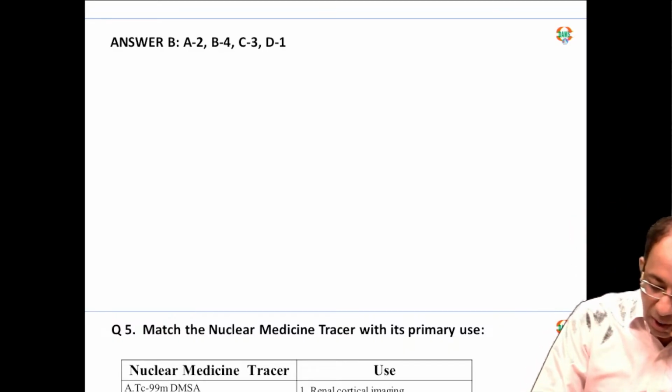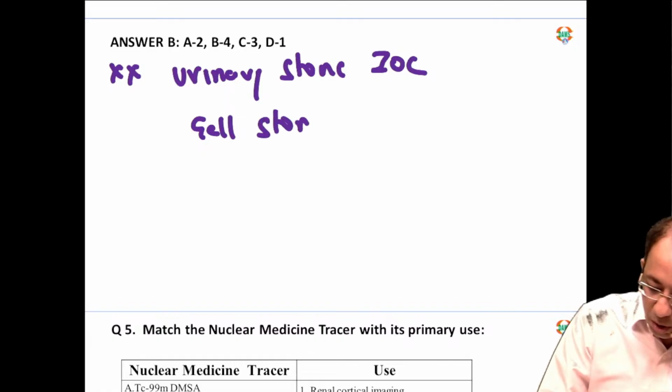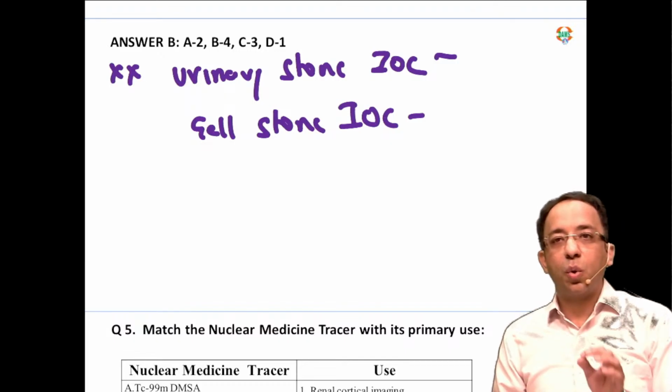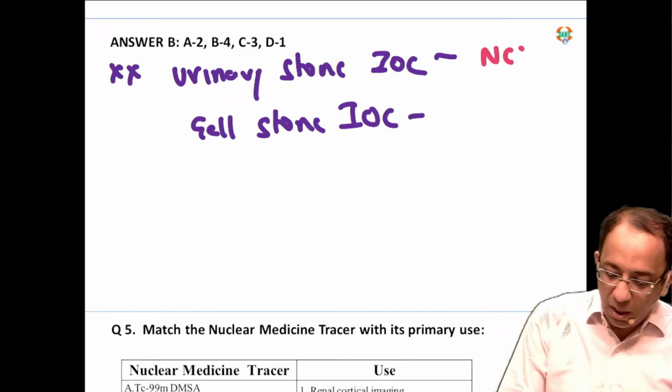Last INICET paper, remember, urinary stone, investigation of choice. Gallstone, investigation of choice. Can you fill up the gaps now? Urinary stone, just like the last INICET paper, the answer will be NCCT.